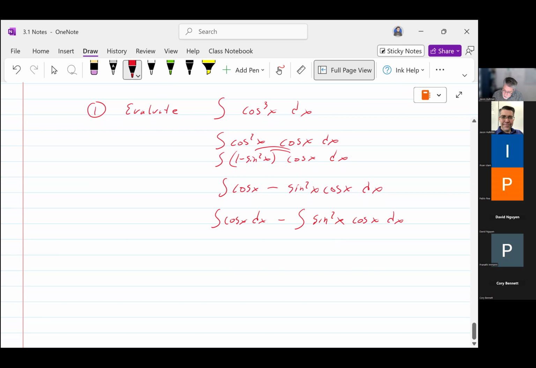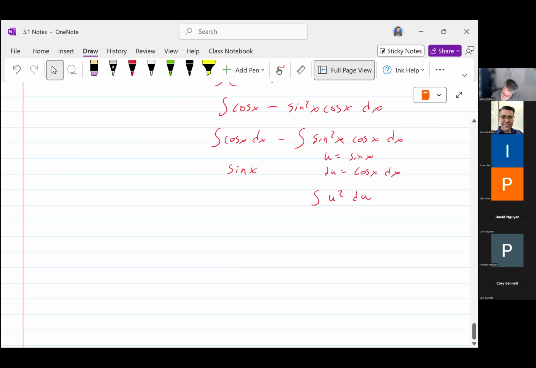So now this is just a u substitution on the second integral here. The first integral will just go to sine. That's really nice. That's sine x. The second integral I'm going to do a u sub on. So u is equal to sine x, du is equal to cosine x dx. So this thing becomes the integral of u squared du. The integral of u squared is just u cubed over 3 plus c.